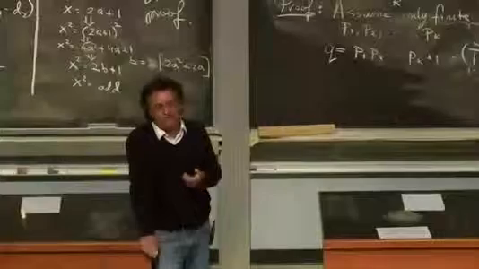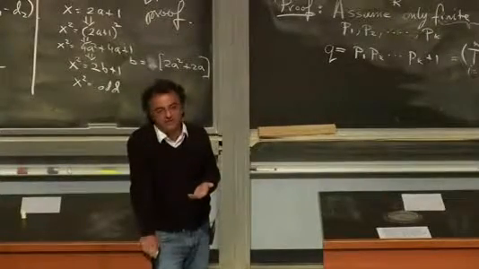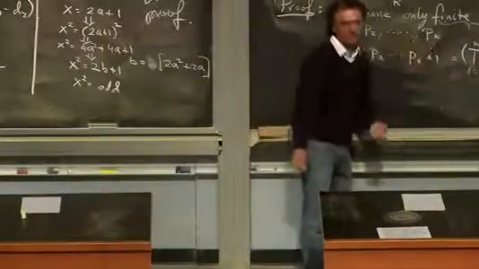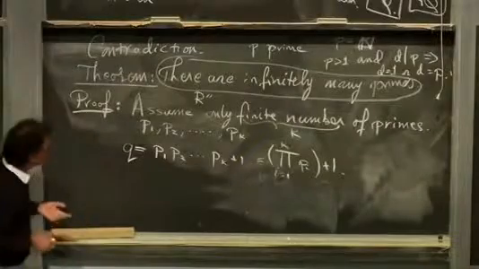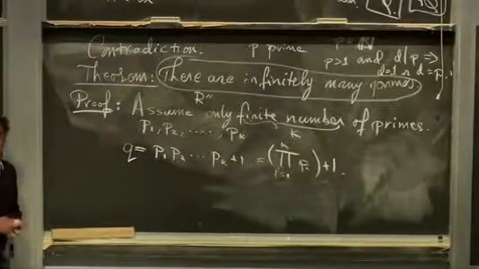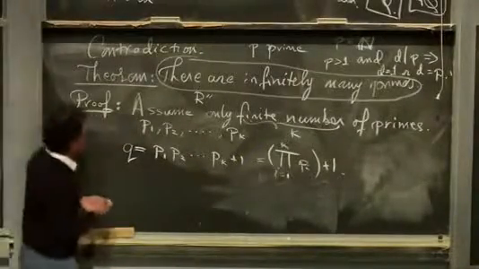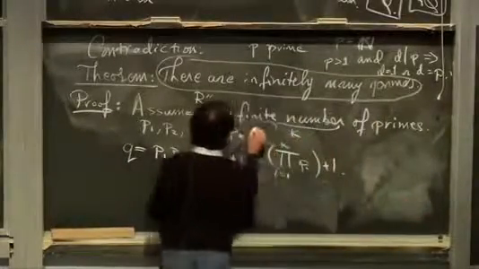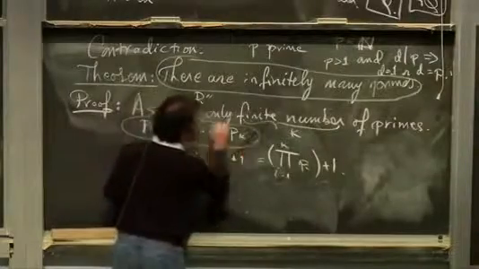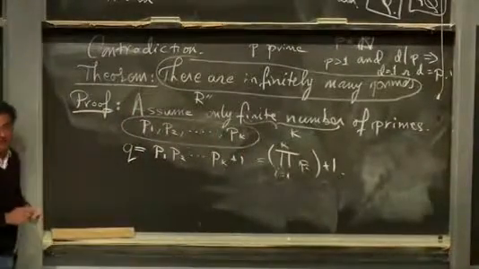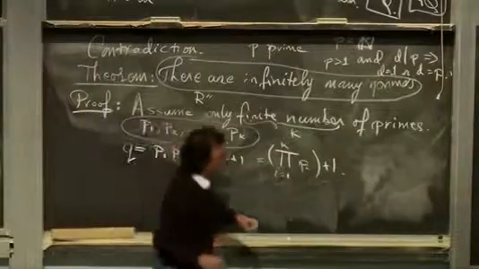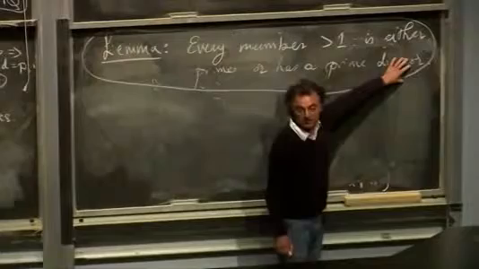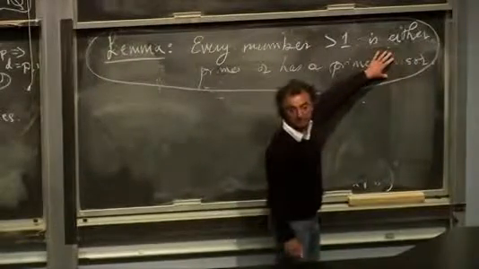Okay, so there are different ways of getting the contradiction. Okay, so let me do it one particular way. Let's see if it has a prime divisor. So it must have a prime divisor, but these are the only prime divisors there could be, right? Okay, so either it's prime or it has a prime divisor. So let's say it has a prime divisor.